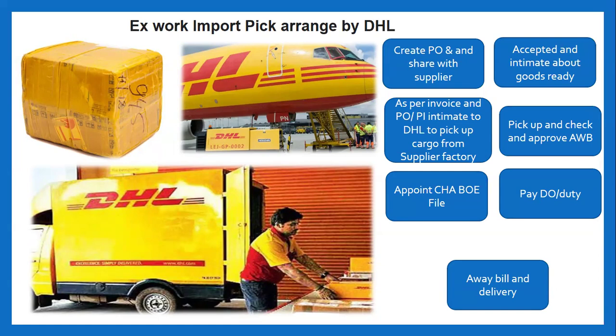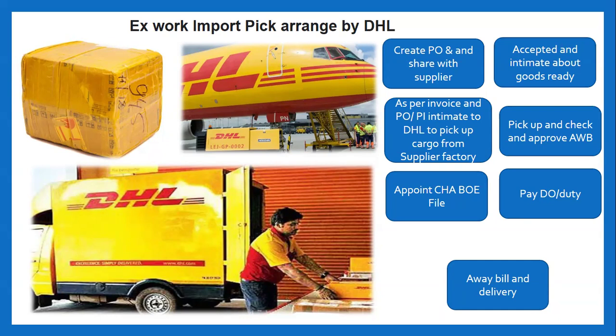Okay, so first we need to create the purchase order. As per the proforma invoice received from the supplier side, we need to create the purchase order. In this purchase order, we need to mention the details of the machinery parts which we are going to import.